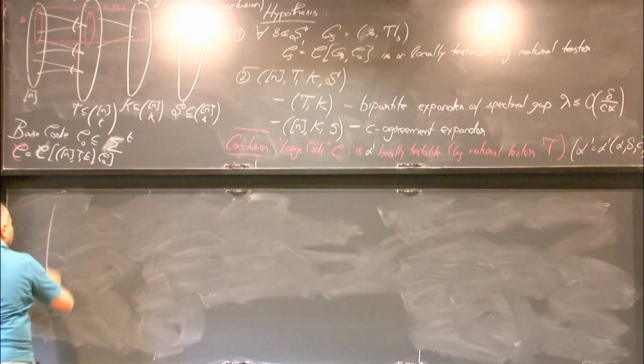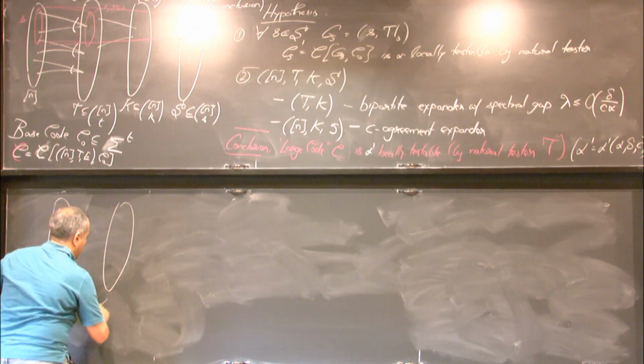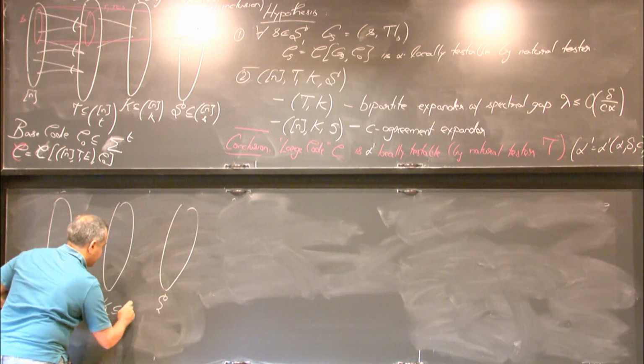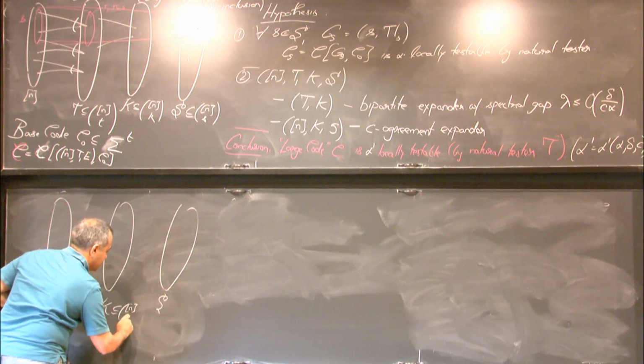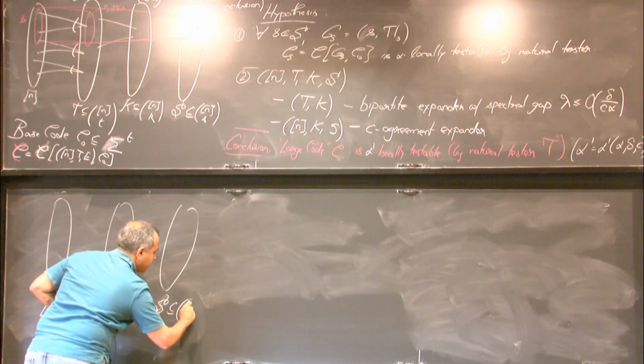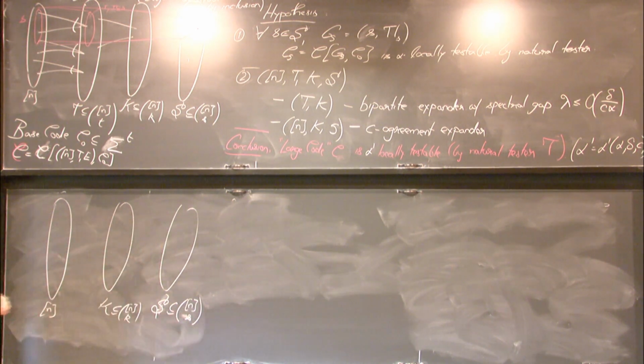What do I want? An agreement expander. I have n, k, and I have s. So this is some subset of n choose k. This is some subset of n choose s. What do I want of this?